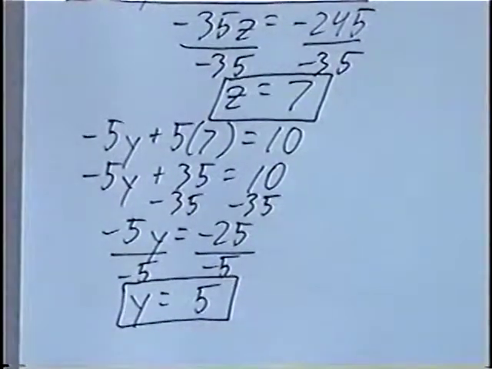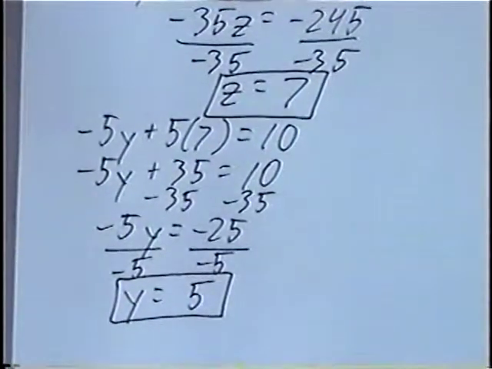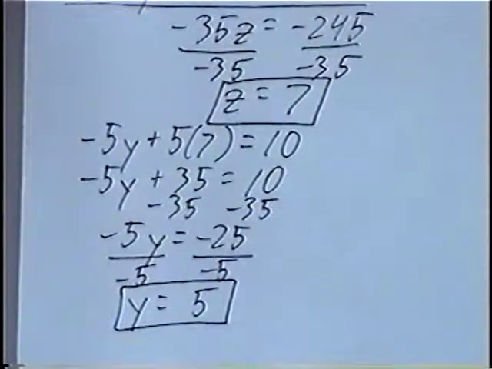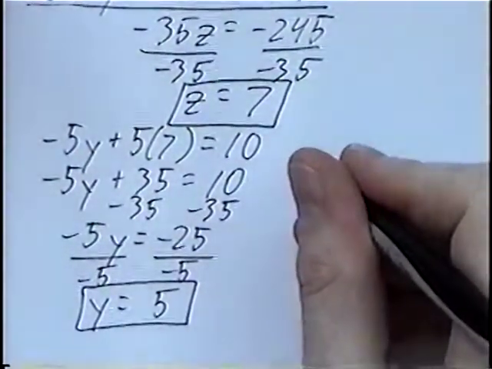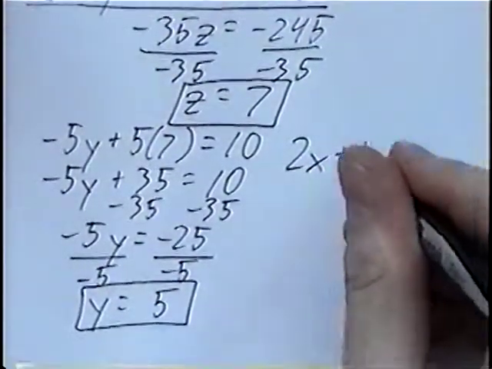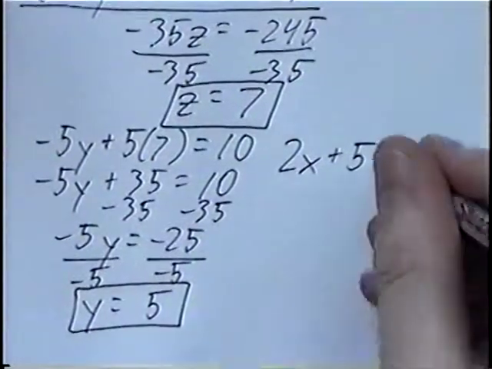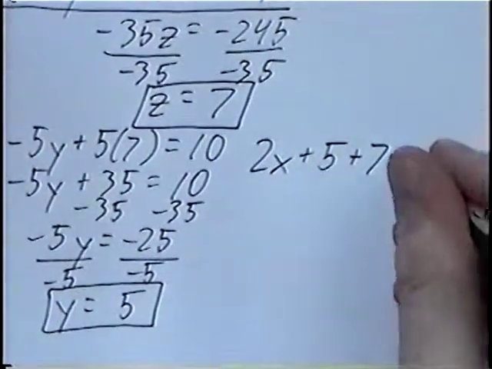Once we have both variables, z and y, we can plug them into any other equation to solve for x. If we take the very first equation in the original problem, which was 2x plus y, we can substitute a 5, plus z, which would be 7, and equals 14.